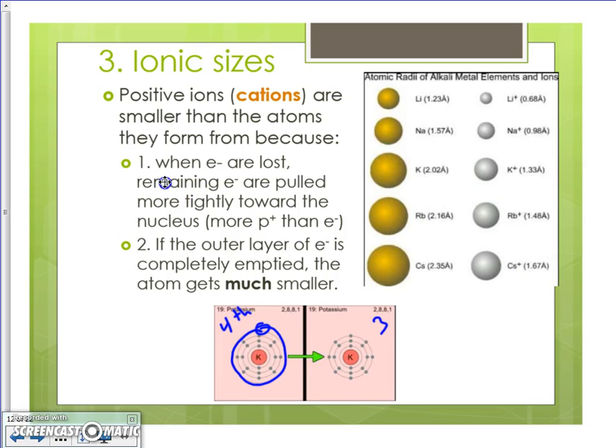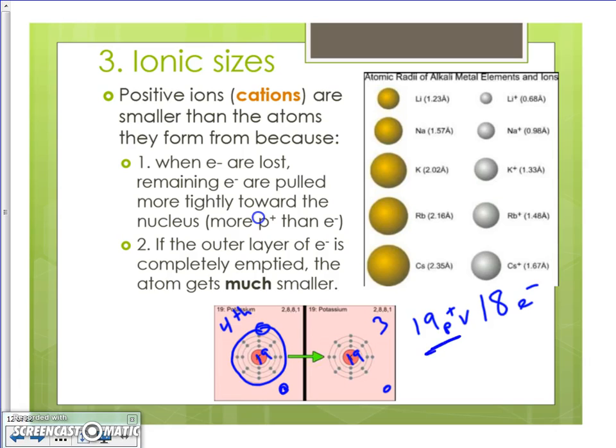So when electrons are lost, the remaining electrons are pulled more tightly. That's something we didn't even talk about. Potassium has its 19 protons, and still has its 19 protons here, but it's now versus 18 electrons. So there's even some extra pull from the nucleus. Instead of 19 and 19 like you see over here, it's 19 versus 18.